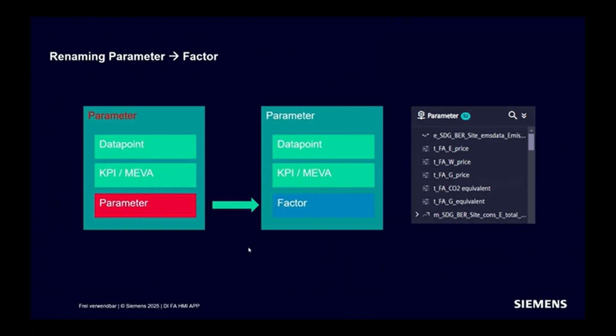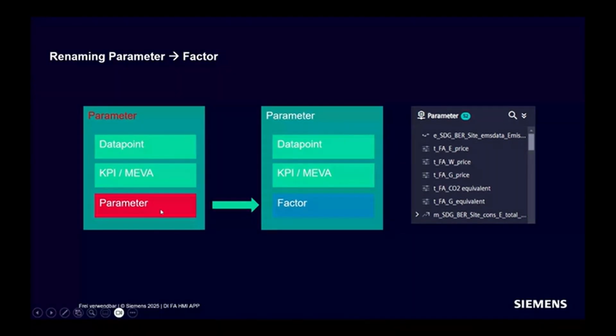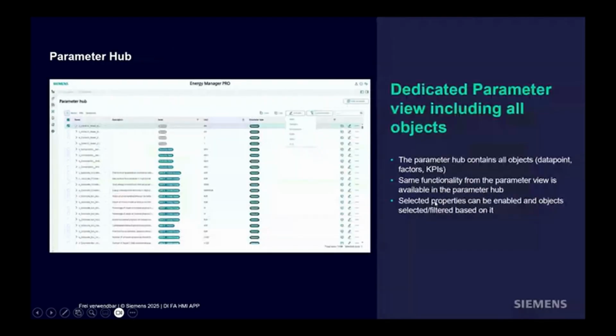One additional piece of information, because we were always discussing parameters and factors here in the parameter hub: we changed the old parameter, which is, for example, a flexible, time-based value, to factor. So the parameter hub is an overview because all these objects, data points, KPIs, and factors are parameters, and this is the reason why we changed the name, only to prevent confusion when you find the names.